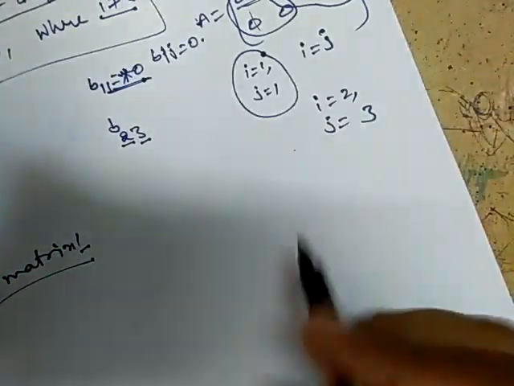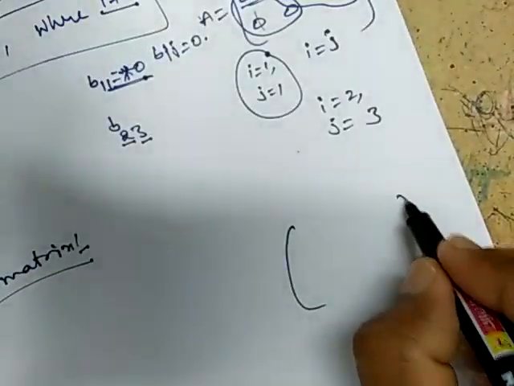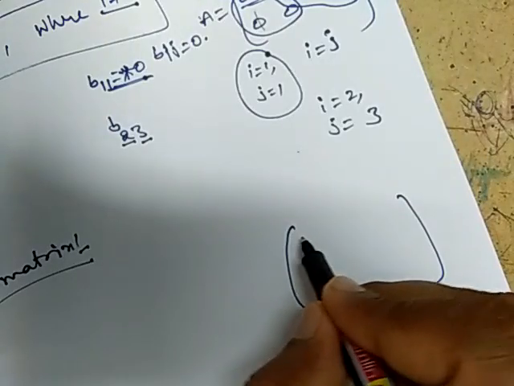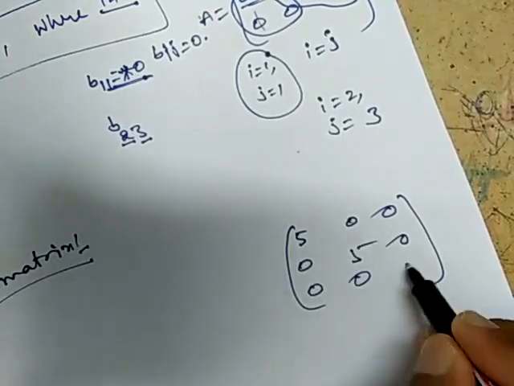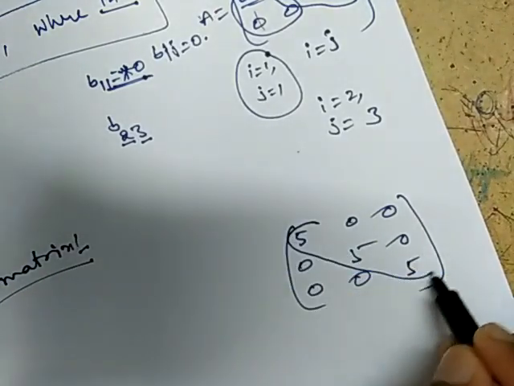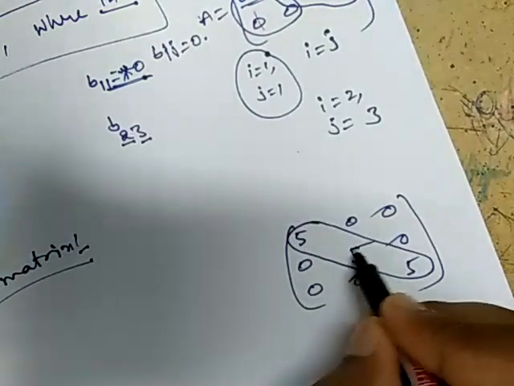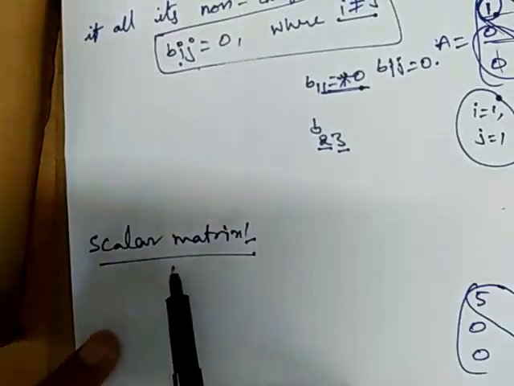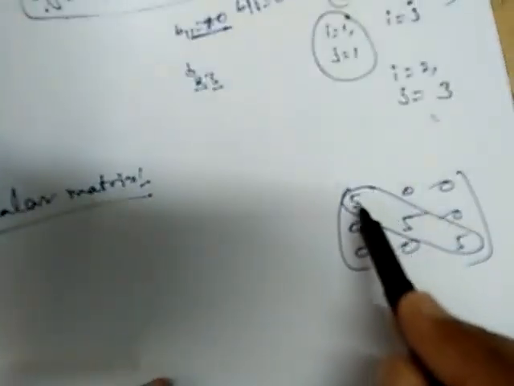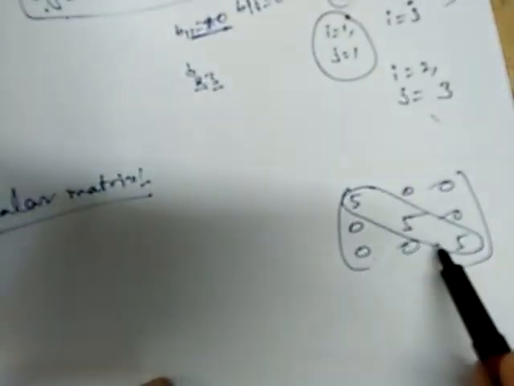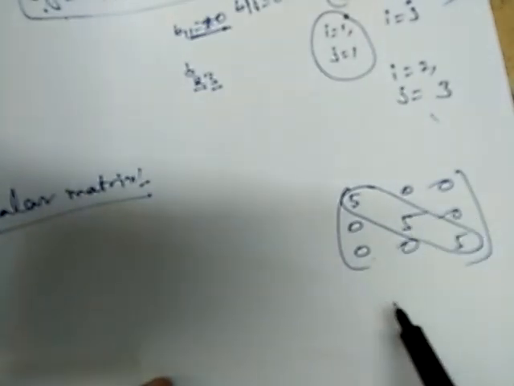For example, 5 0 0, 0 5 0, 0 0 5. All the diagonal elements are equal and the remaining elements are 0. Here, this is a scalar matrix.